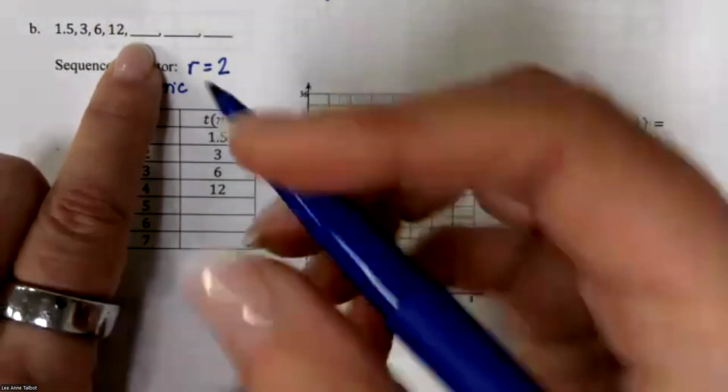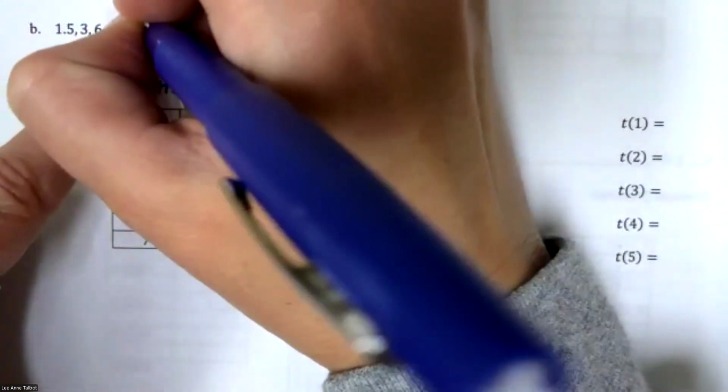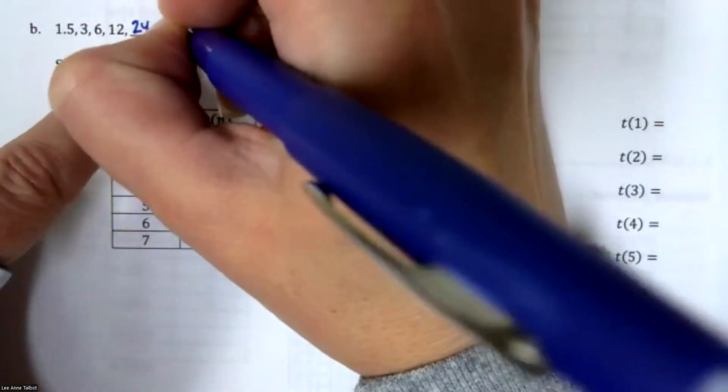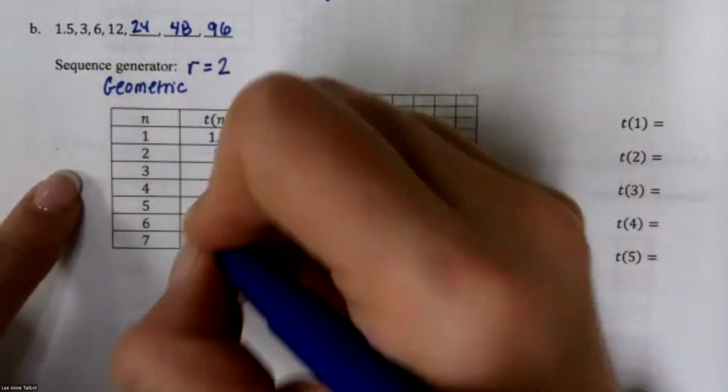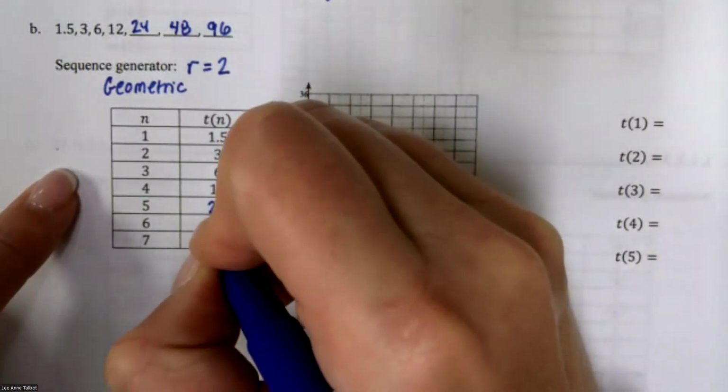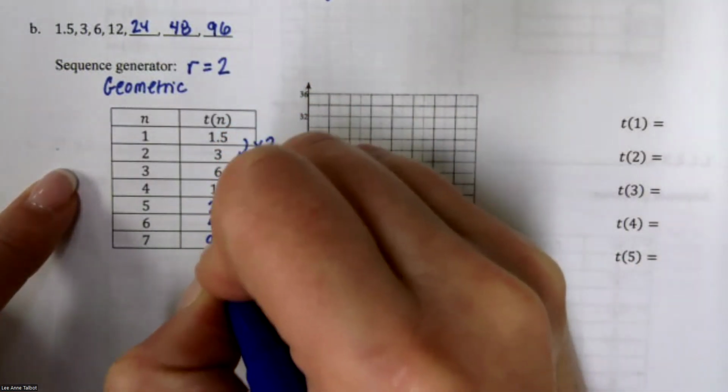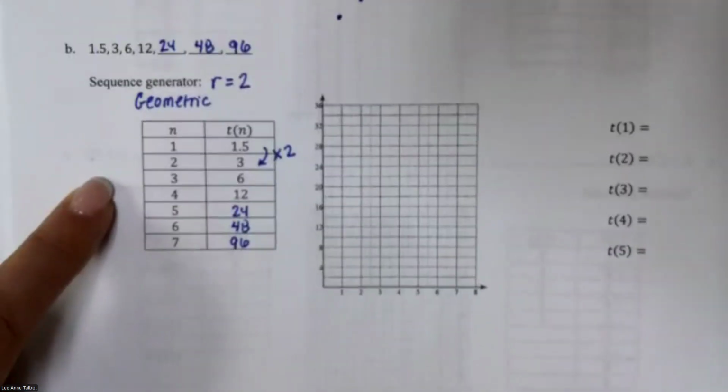Okay. Now, next 3 terms: 24, 48, 96. Agreed?